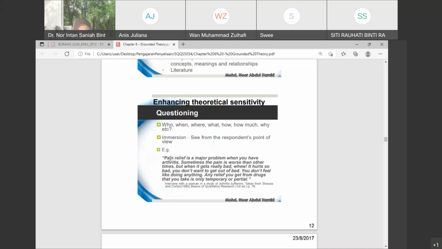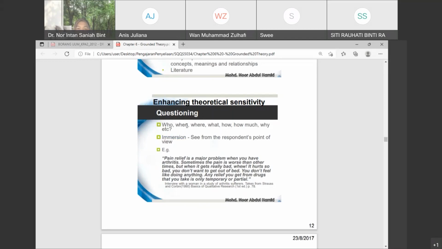I'm not sure whether it's the conclusion or the response, but it's about the questioning, and then it shows an example. So immersion, the respondent's point of view. It mentions immersion here. If you don't understand, you can look up what immersion is. The question can include who, when, where, what, how much, why.